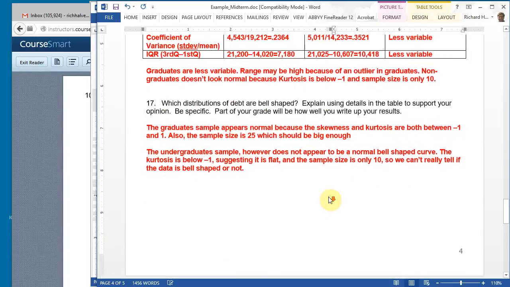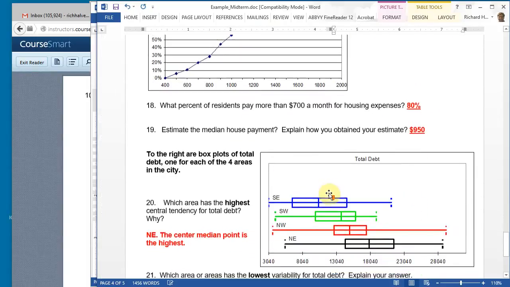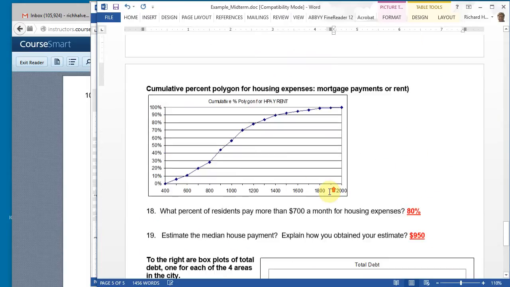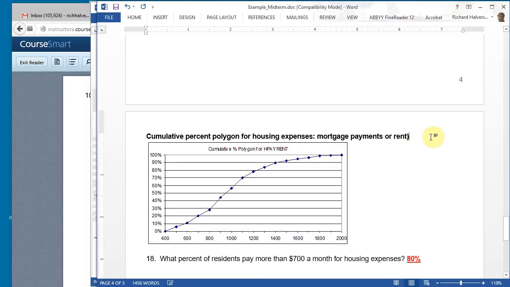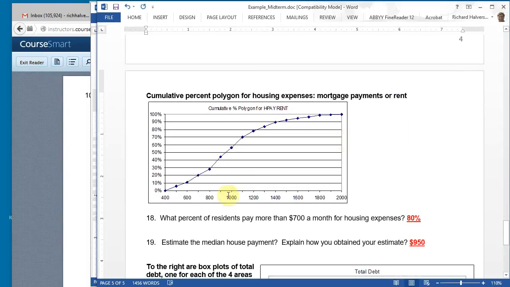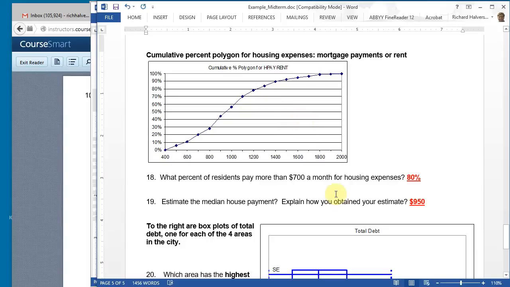Okay, so the last set of problems has to do with this cumulative percentage polygon for housing expenses, an ogive. Just by this chart we should be able to answer these questions.